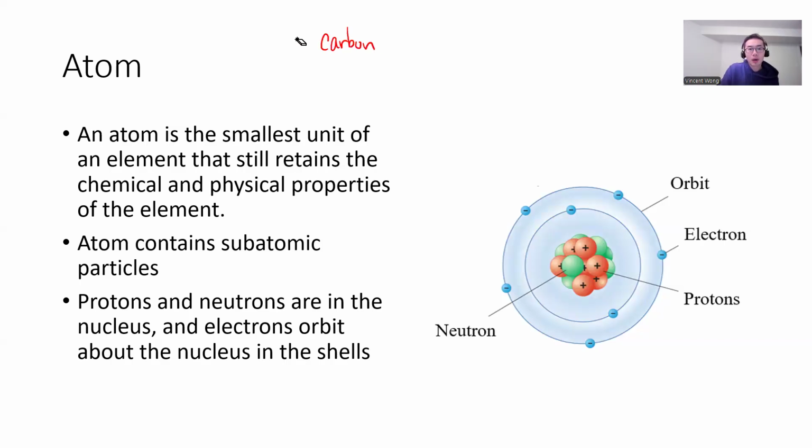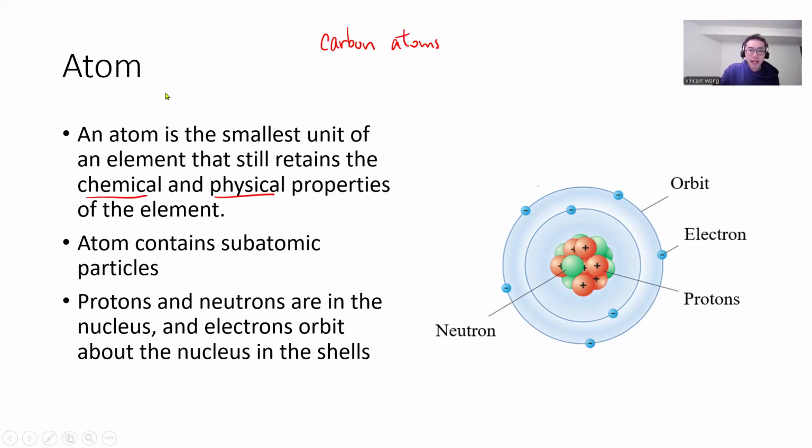Okay? So carbon is made up of carbon atoms. Okay, and the carbon atoms will have the same chemical and physical properties as each other, and the entire carbon sample will also have that same property. Right? And so the smallest unit of the element is the atom.